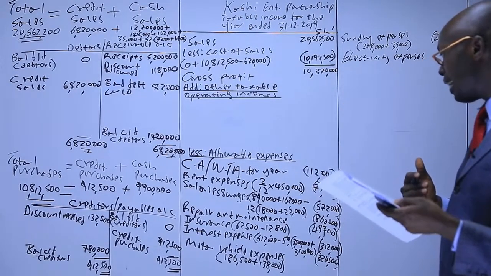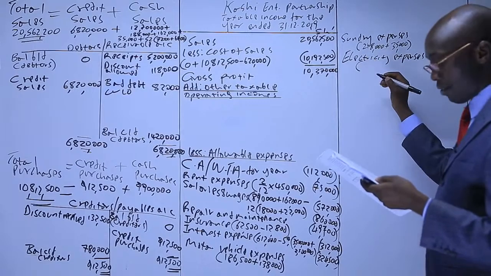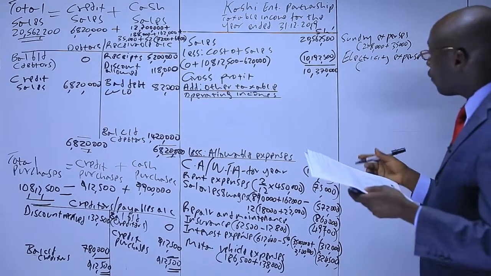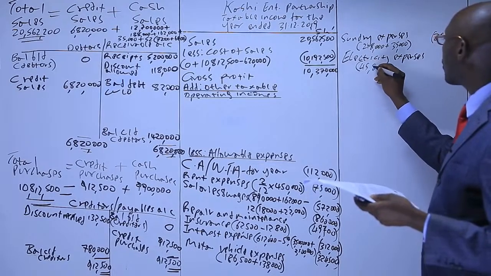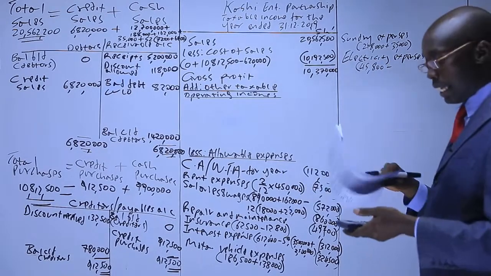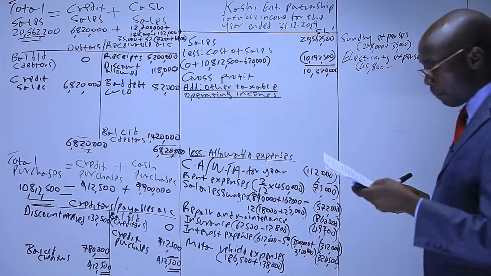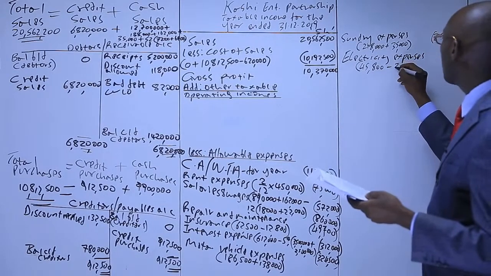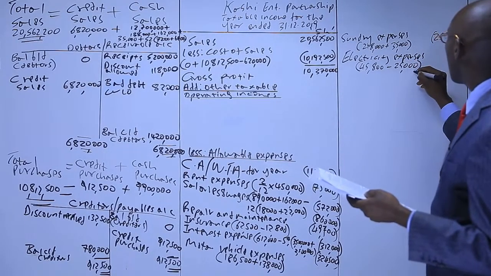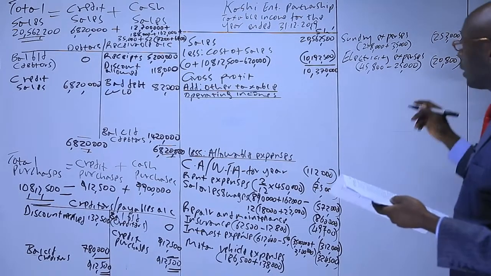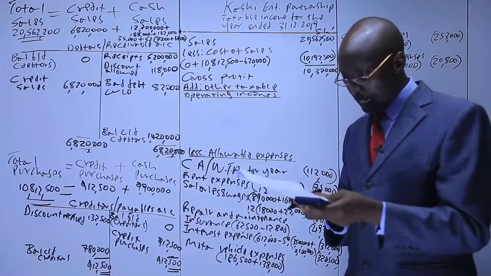So that one we need to remove. We need to minus, because of what was paid this year of the electricity, 45,800. Part of it is for next year, and so we should minus from here, where we have the 25,000. That gives us 2,800.